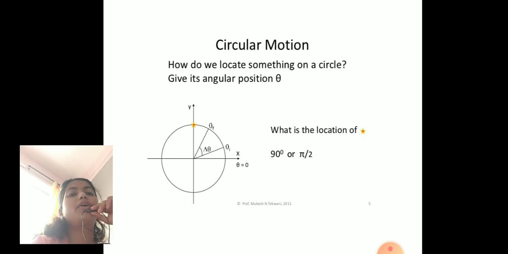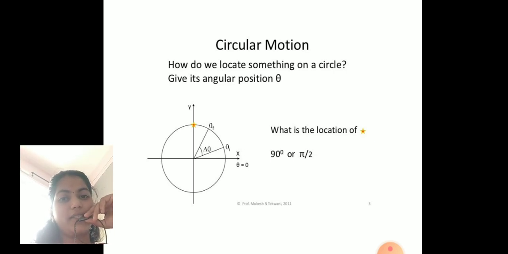We calculate the angular position, theta, and here theta is 90 degrees. Our circle is divided into 4 parts, quadrants or equal parts of the circle, which are divided by angle. So we cannot use a centimeter or meter scale for the circular path; we use theta, and its unit is degree.